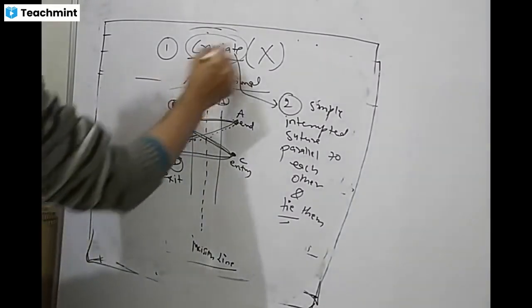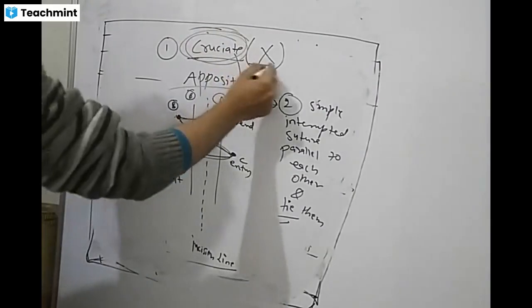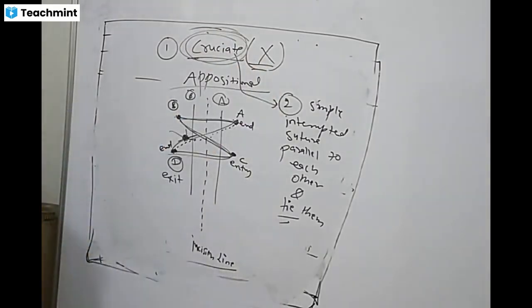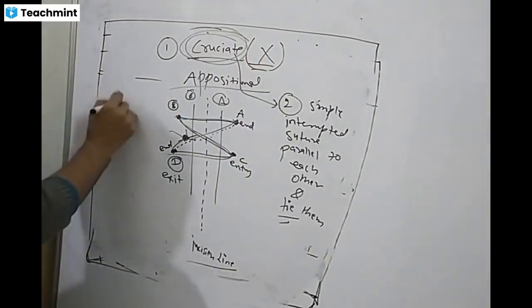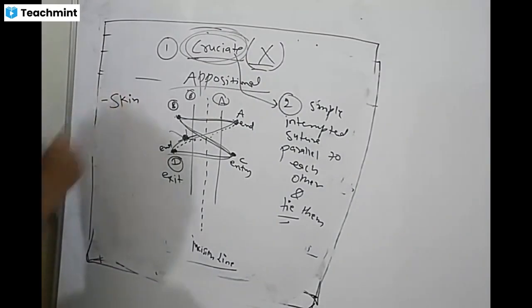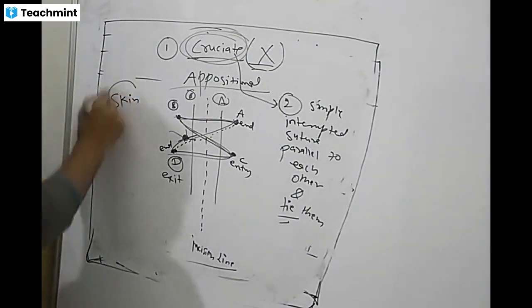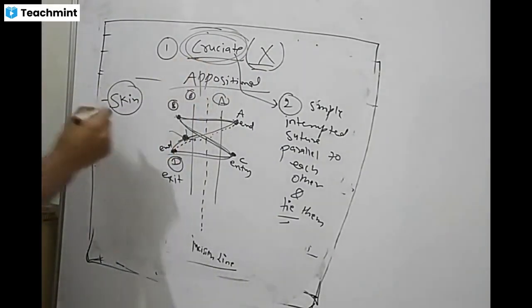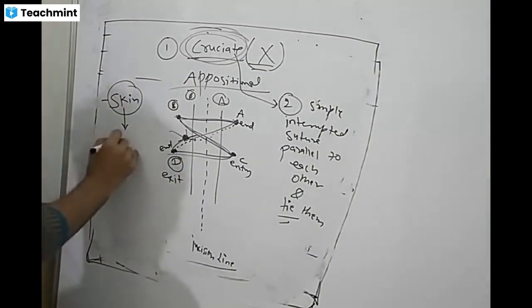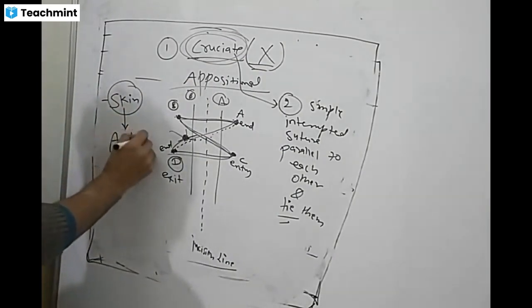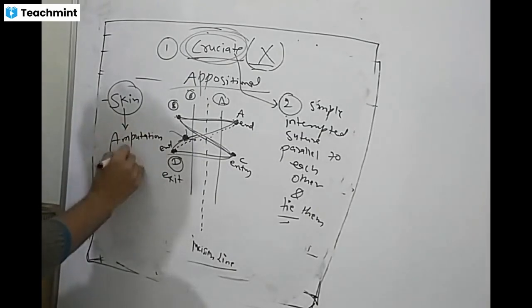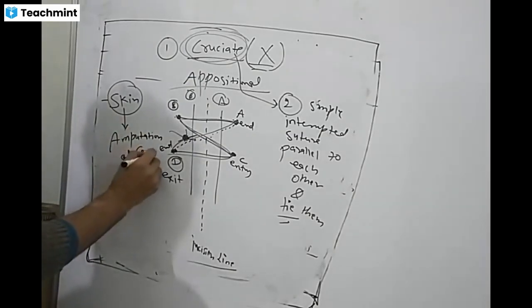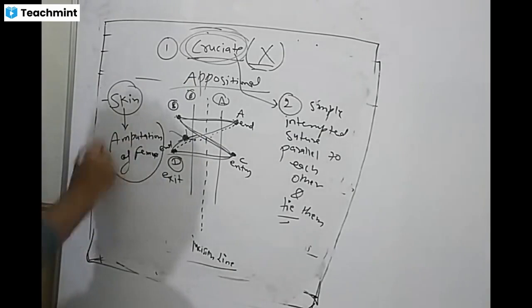So this cruciate type or cross matrix suture, where we apply it, is more important. First is the skin. The part of the skin where tension is more, we apply cruciate or cross matrix. Suppose there is amputation of the femur.